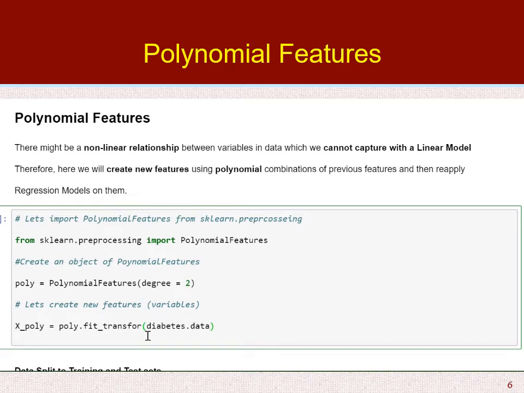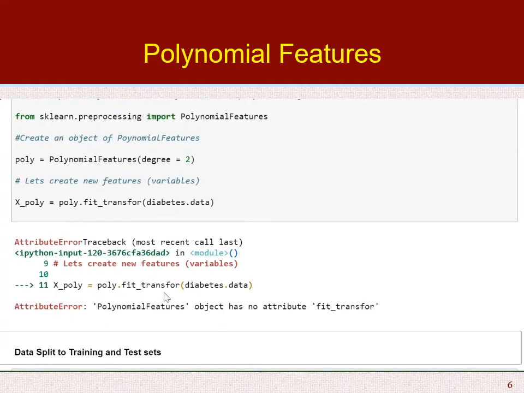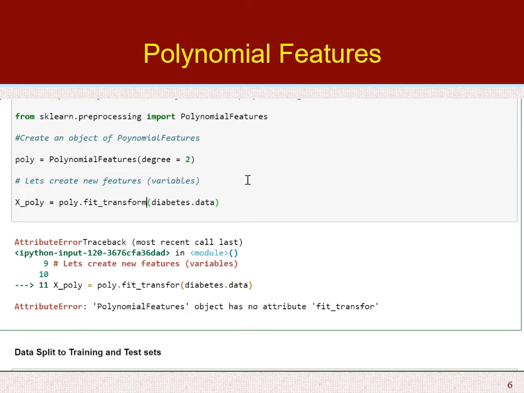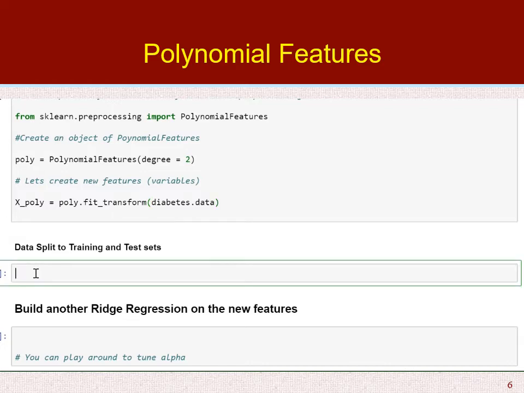So this is going to create new polynomial features, and it's going to put it in the xpoly. It should be transform. Right. Now the next step is to split our data. So let's do that.